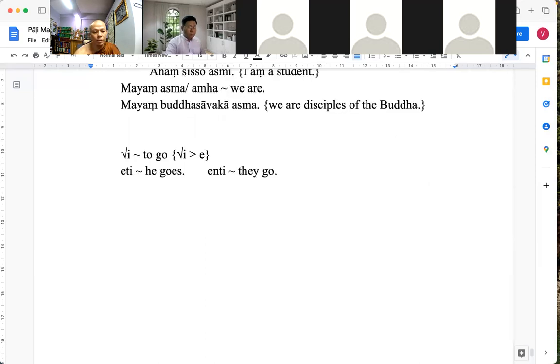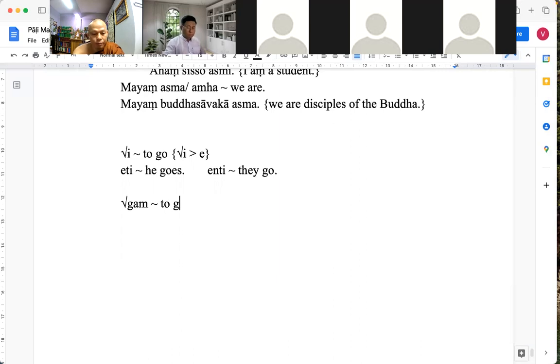But you see, the roots have the same meaning. We already learned the root gam, right? The root gam also means to go.